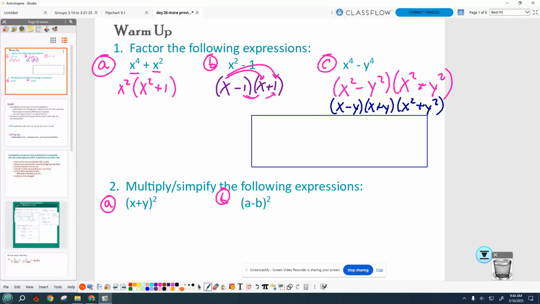Yes? For the third one, why can't you do x minus y and x plus y for the second? Okay, well, first of all, are those two things exactly the same? No, so this one factored like that. This one does not factor because like Sasha said, when we multiply this part and this part, I get a negative xy and a positive xy, they go away.